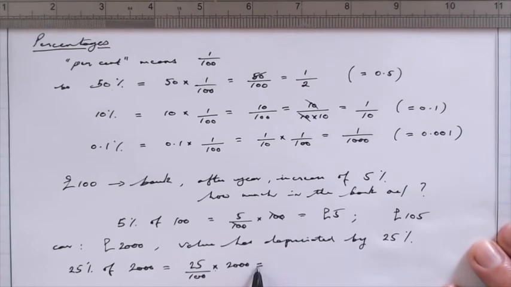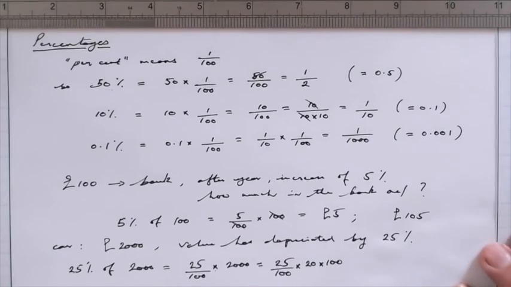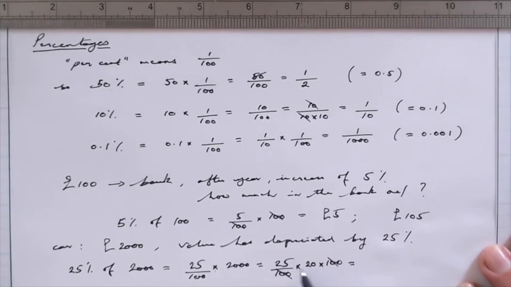Let me do this carefully here. So this is 25 over 100. And just so that it's clear to you what's going on, let me split 2,000 into factors. I'm going to call it 20 times 100. And that way you can see that we have a common factor of 100 on the top and the bottom. And then I'm just left with 25 times 20, which is 500.